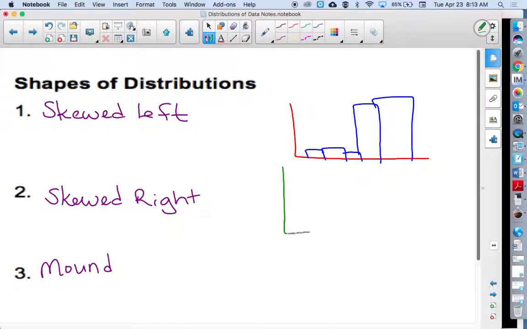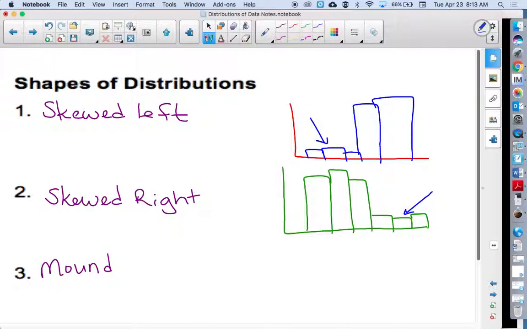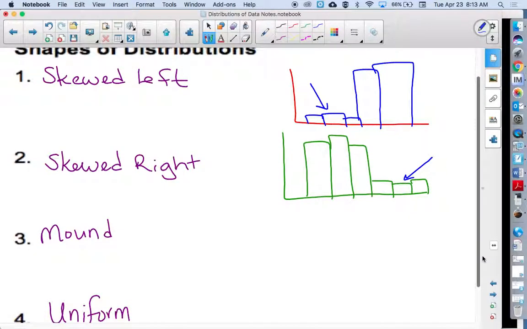So then when it's skewed right, I have most of the data on the left side, the smaller amount of data on the right. So we're looking at this part right here. That's the part that's being skewed. So skewed left, the lower amount of data is on the left. Skewed right, the lower amount of data is on the right.